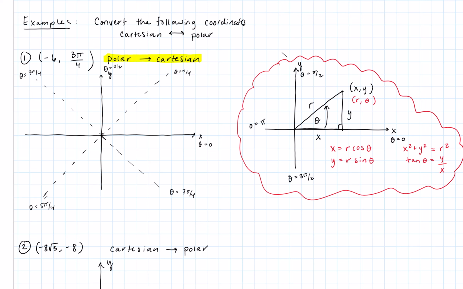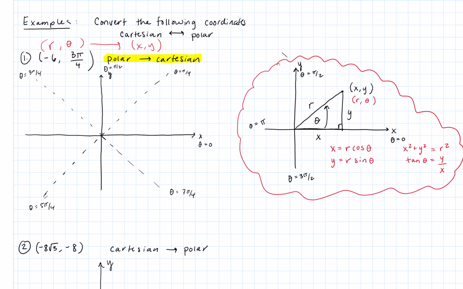So take them from the r, theta form and write them in the equivalent xy form. I redrew this little image that we had on the previous screen as a quick reference.